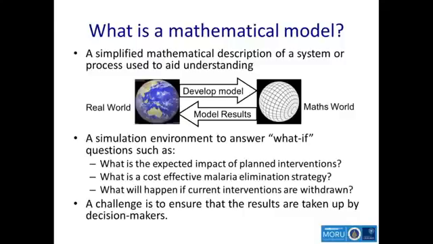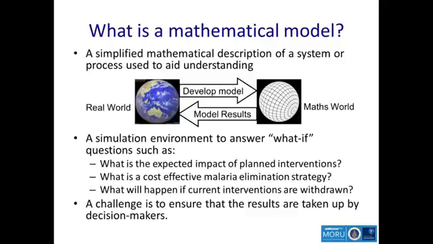So really a mathematical model is a simplified description of a system or process. For example, it would be a simplified description of the malaria transmission route in a particular country or setting, and its description is written in mathematical language.